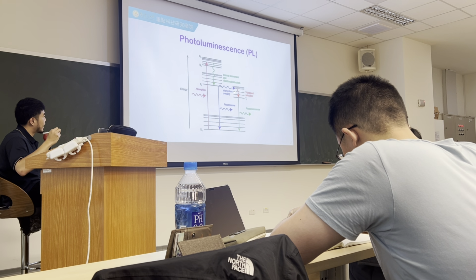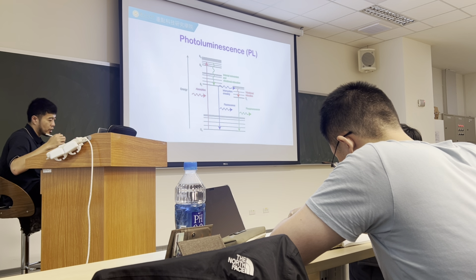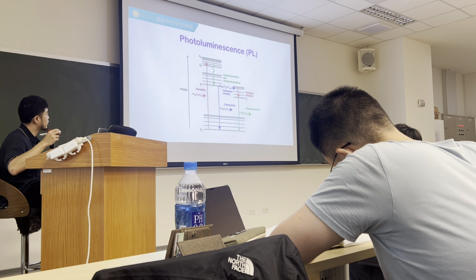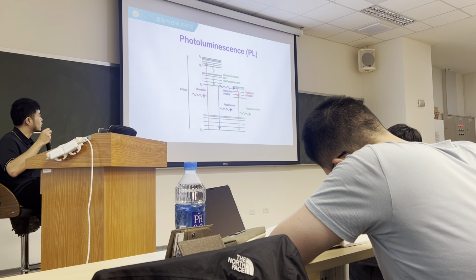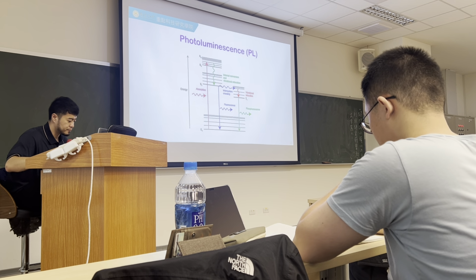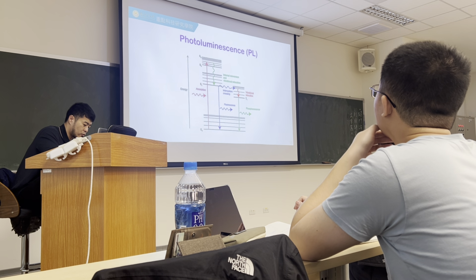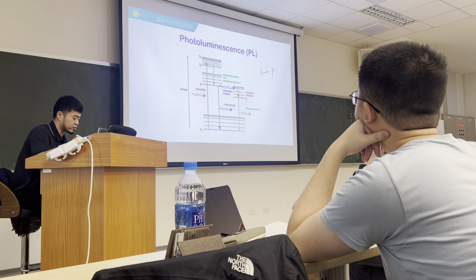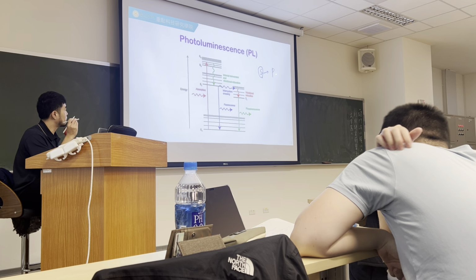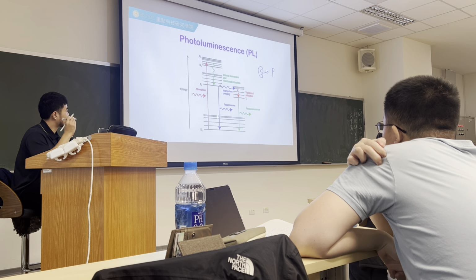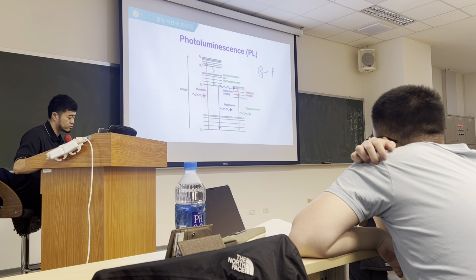Then when that relaxes back, the fluorescence appears. It's pretty similar to the XAS spectrum that we just mentioned: you excite the electron from a core level, probably from the s orbital to the p orbital, and after relaxation back to the initial state, some photoluminescence will occur.